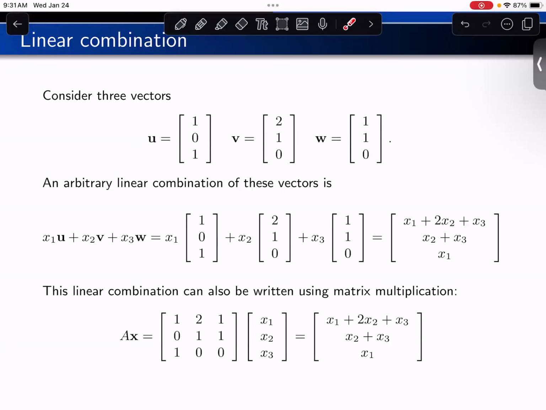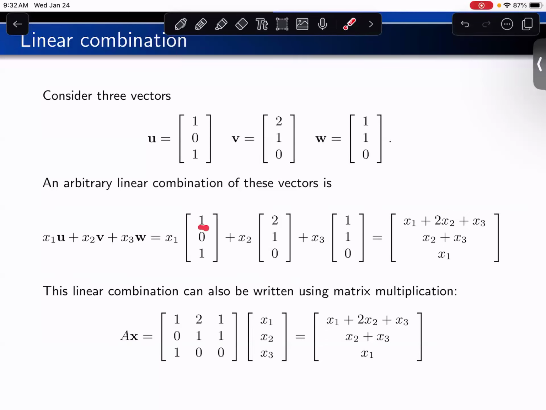So if we have an arbitrary linear combination of the vectors u, v, and w, where x1, x2, and x3 are the weights associated to the 3 vectors, you can rewrite it in the following way, just by using what we defined for u, v, and w. So this is really x1 times this vector plus x2 times this vector plus x3 times this vector. If you add them all up, you're going to end up getting a 3 by 1 matrix.